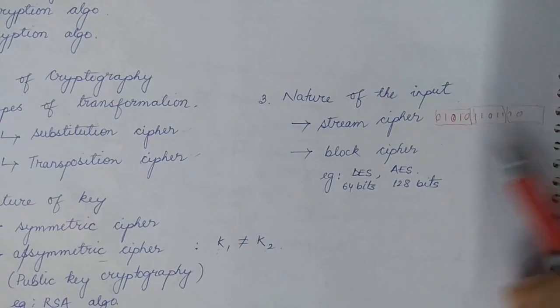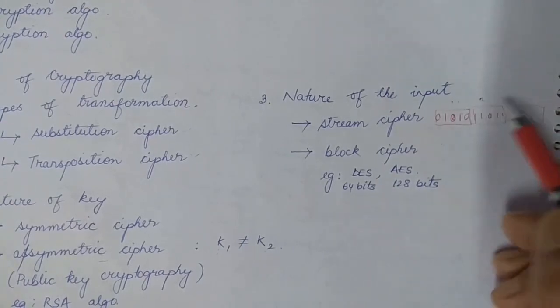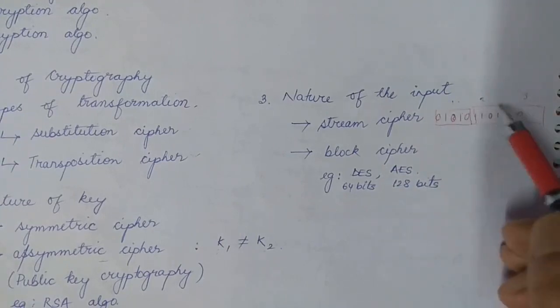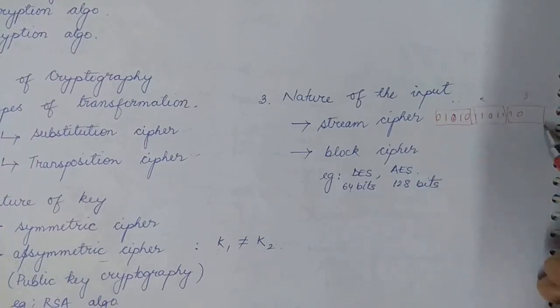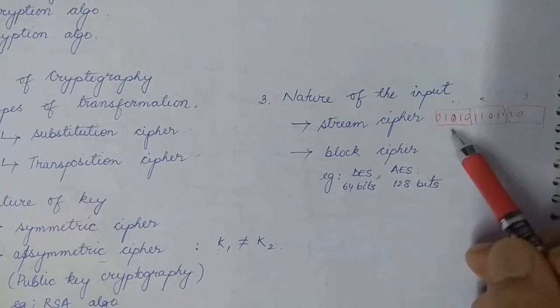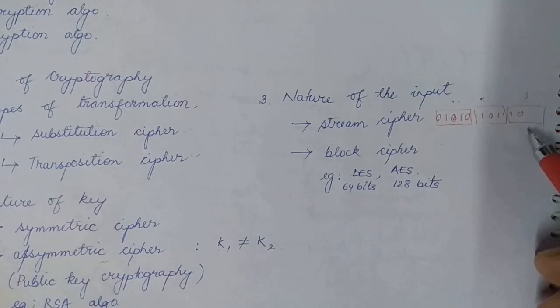This is the first block, second block, and third block, and the number of bits in each block is equal. If it is 5 bits, then it is 5 bits, and if it is 64 bits, then each will be 64 bits here.